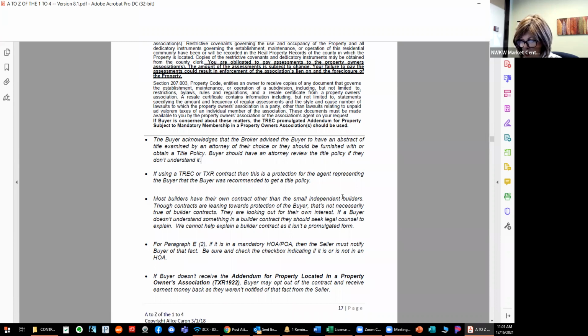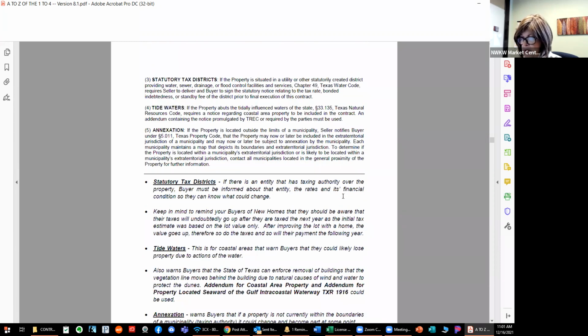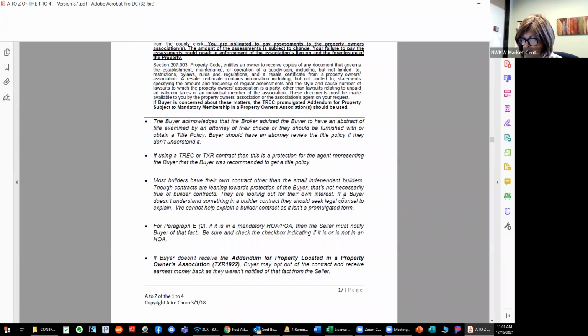Most builders have their own contracts, other than the small independent builders, and their contracts are leaning towards protection of the builder. Our contracts are leaning toward protection of the buyer. When the builder has their contracts, guess who they're protecting? Yes, the builder. They've got their attorneys who have come up with these documents.